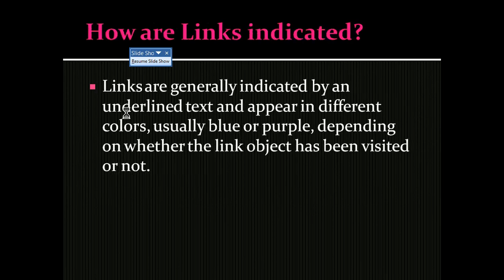Now, how are links indicated? You know that there are different colors regarding how links are displayed: link color, visited link color, active link color. Links are generally indicated by underlined text. That means a hypertext generally has an underline, and it appears in blue or purple color depending on whether the link has been visited or not.